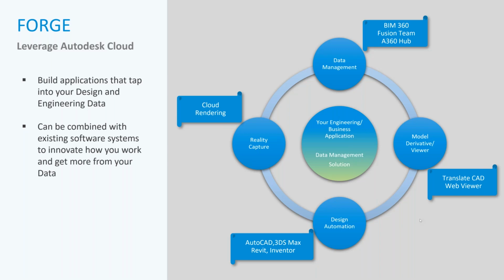So you can build a small application or any small functionality-wrapped application that can actually utilize the core engine of all this software, AutoCAD, 3ds Max, Revit, or Inventor, in the cloud using this design automation API. So you can have your own application running on your desktop that actually connects with the cloud engine, having all the core engines available to utilize the core functionalities of all this design software.